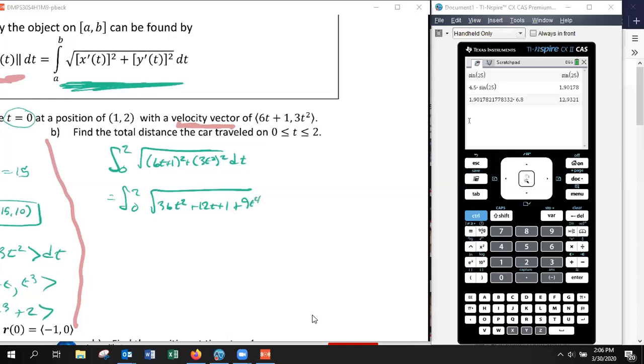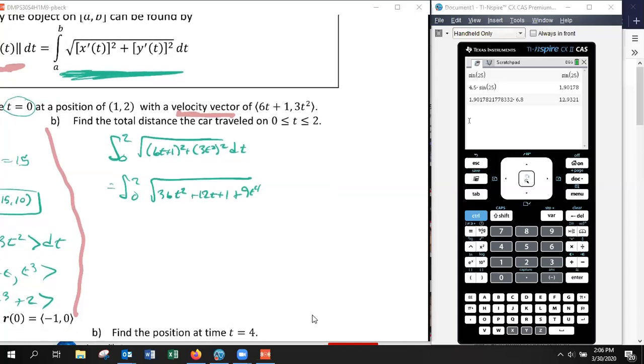I'm not seeing anything really cool happening on that one. So since I don't see anything cool happening, let's just go ahead and go to the calculator. If you remember shift plus, integrating from 0 to 2, let's throw in the square root.